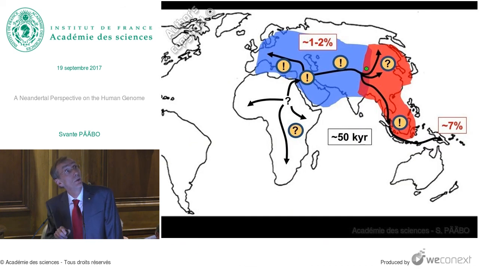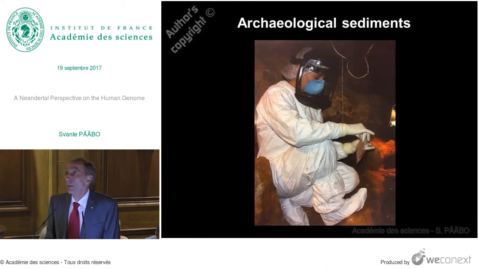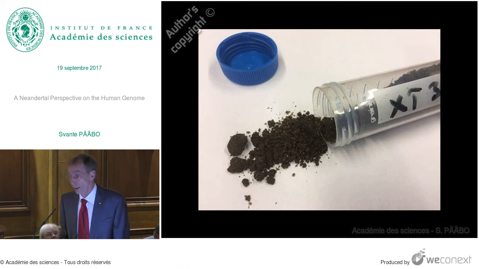So we then know that there is this extra mixing going on later on here. And I think that may have happened many times. And I think we will be more in a position to study that in the future, because what has happened in the last year is that we have started to study DNA retrieved just from sediments at archaeological sites in caves. So instead of studying bones, studying just archaeological sediments like this.